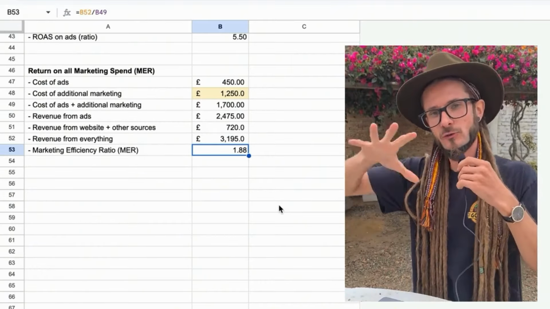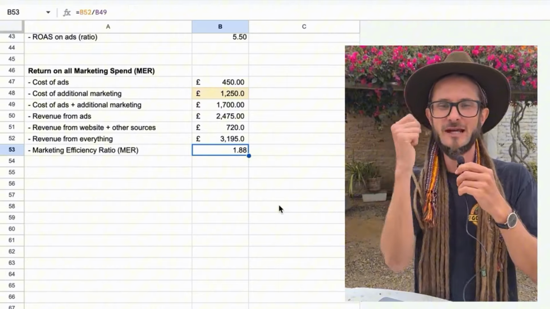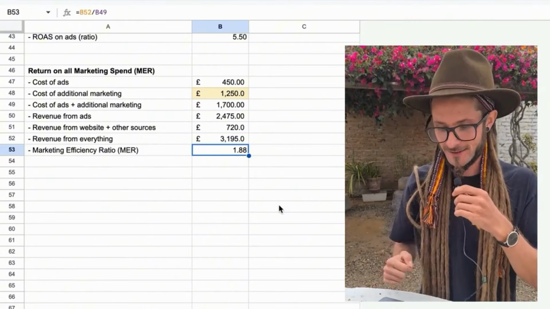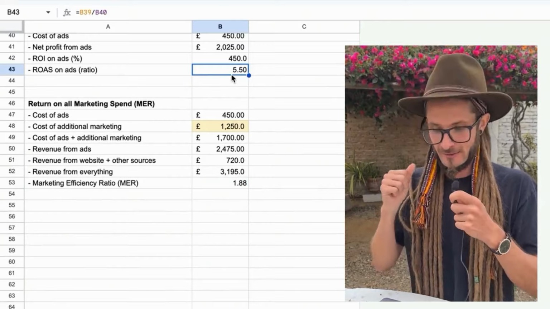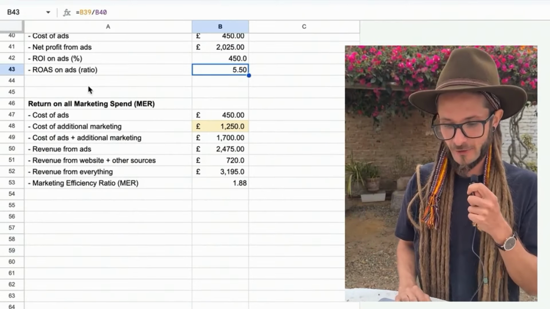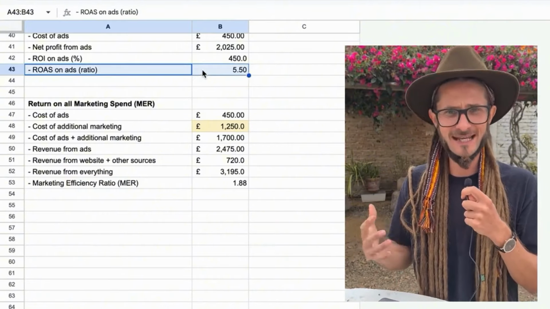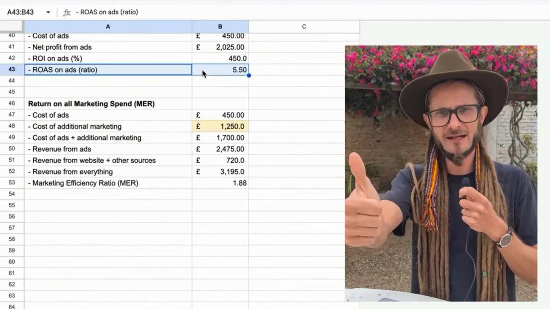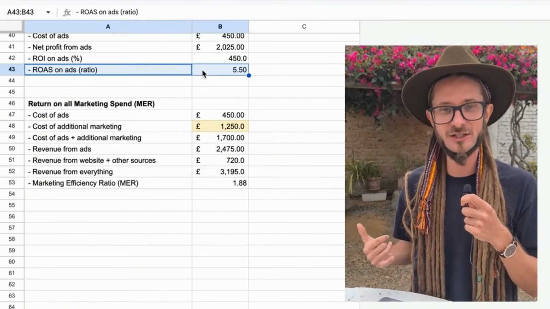That means across all marketing disciplines within the business, for every pound that we spend, we get £1.88 back, okay? Super interesting, guys. That's obviously very different to the ads, where every pound that we spend on ads, we get £5.50 back, right? So if we can start breaking down each discipline to understand what the return on investment is, we can say, hey, we're getting a 5.5 ROAS through ads, but we're getting a 1.88 marketing efficiency ratio, right?